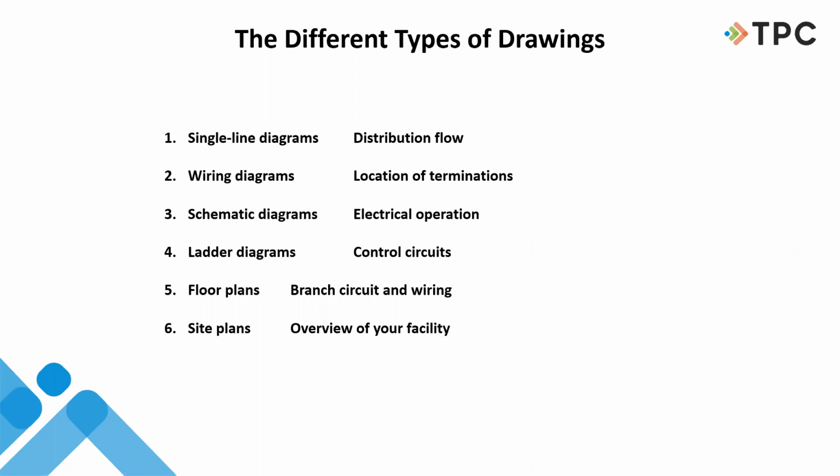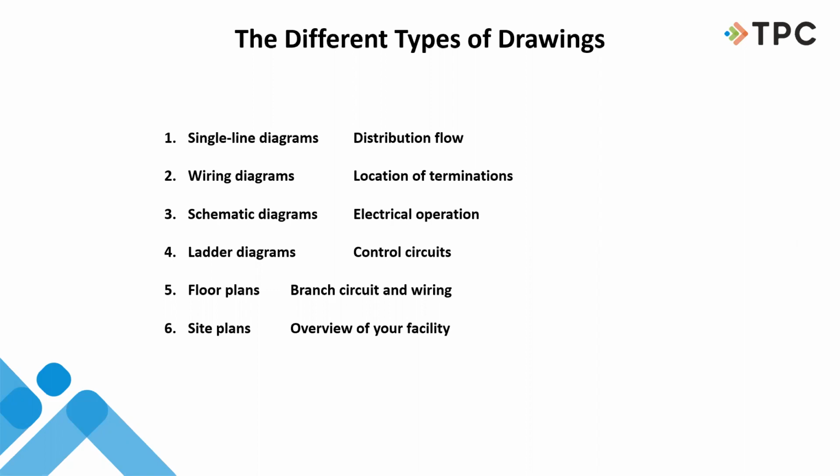Typically a one-line diagram does not show us where anything is. It just shows us the power coming in, disconnects, motor starters, MCCs, however that power is distributed throughout the facility or building. That's what a single line is going to show us. So it can help us see how things are, but not where they are.